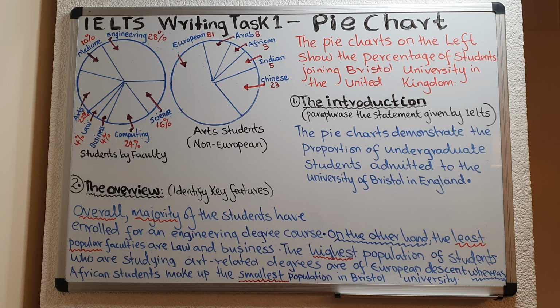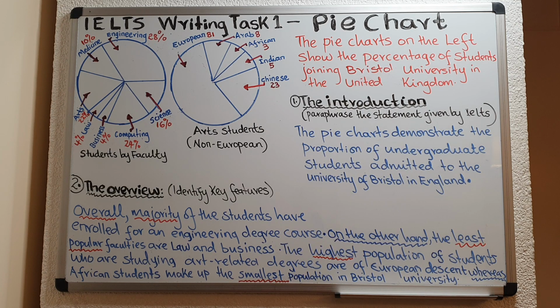And to write your introduction, all you have to do is rewrite the statement that has been given to you by IELTS. Rewrite it in your own words, but remember, do not change the meaning. Now, some words may not change, like, for example, pie charts, but you should rewrite the statement in your own words, okay?